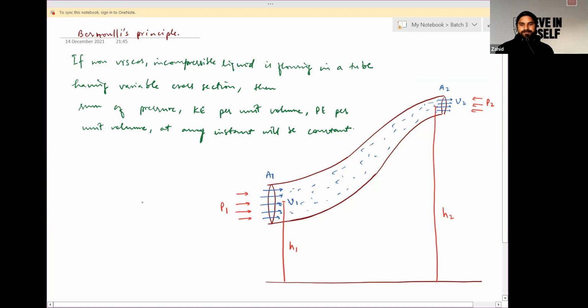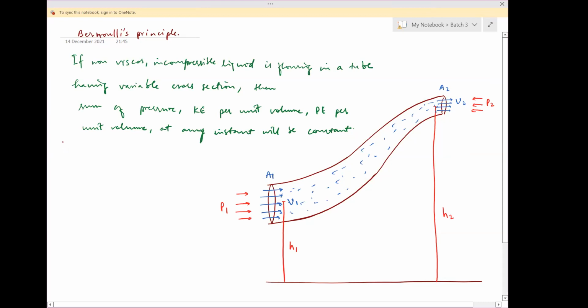First, write down this part. You all have written?